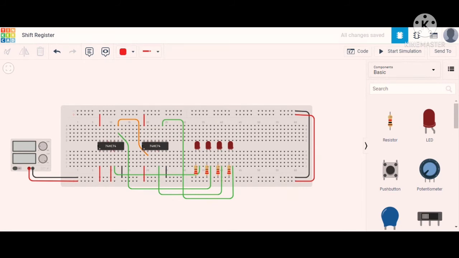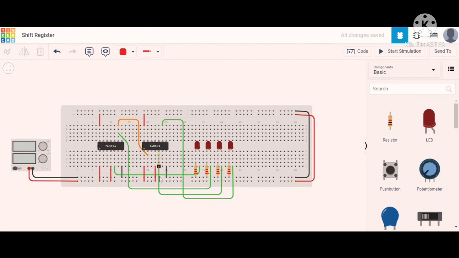And here this is the set pin. The set is internally shorted to the set of another flip flop like this, and the set is at pin number 4, and that is connected to logic 1 like this.